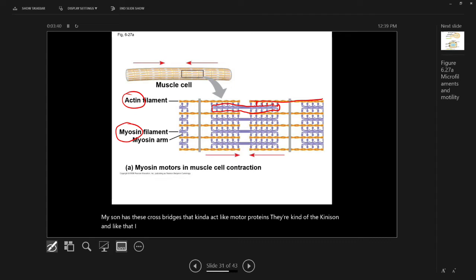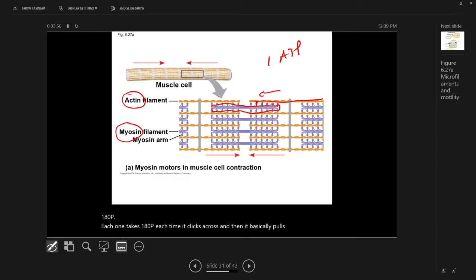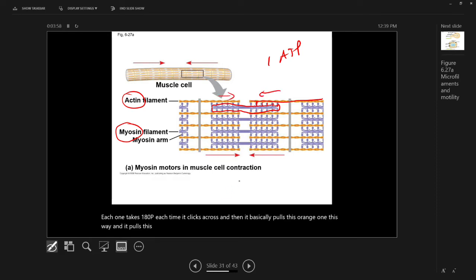They reach across to the actin and they pull or push on the actin by ratcheting back and forth, and each time it ratchets costs 1 ATP. Each one takes 1 ATP each time it clicks across. And then it basically pulls this orange one this way and it pulls this orange one this way, causing the entire muscle to get shorter.